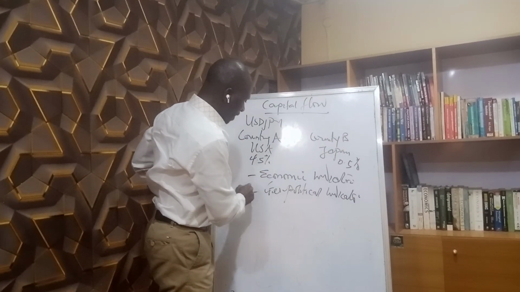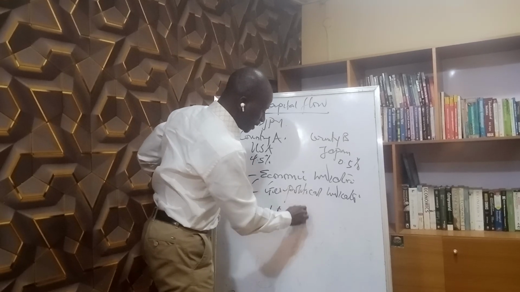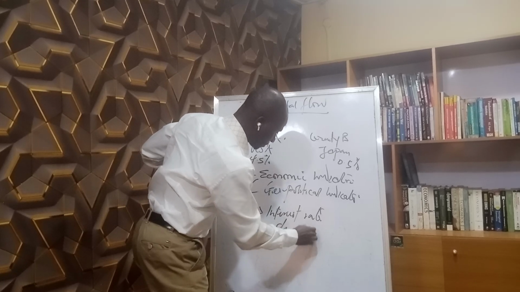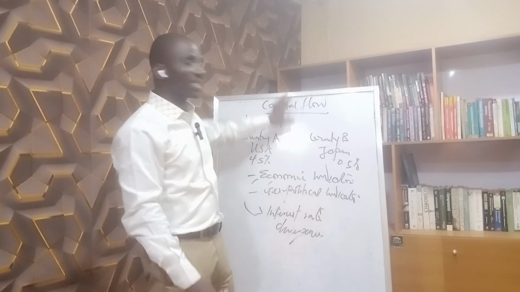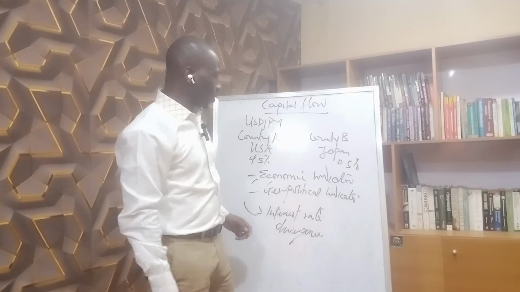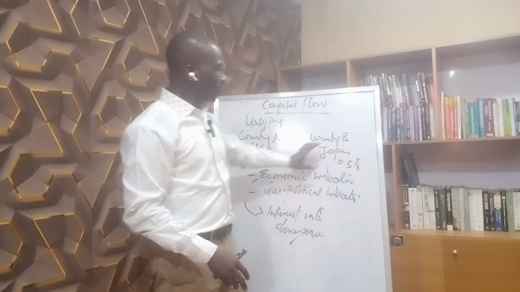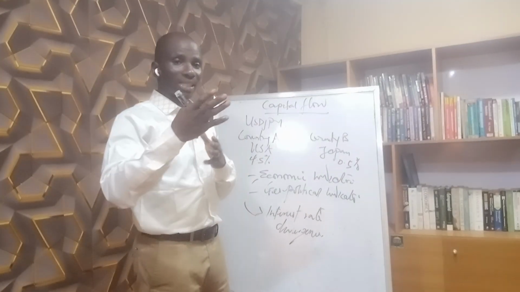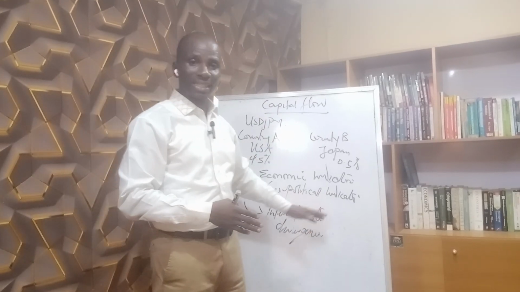So for economic indicators now, I'm using interest rate divergence, which is one of the core indicators you are to consider when you are analyzing capital flow from the perspective of fundamental indicators. When you compare the interest rate for USA with that of Japan, you will realize that there is a difference of 4%. That 4% is what we refer to as interest rate divergence.